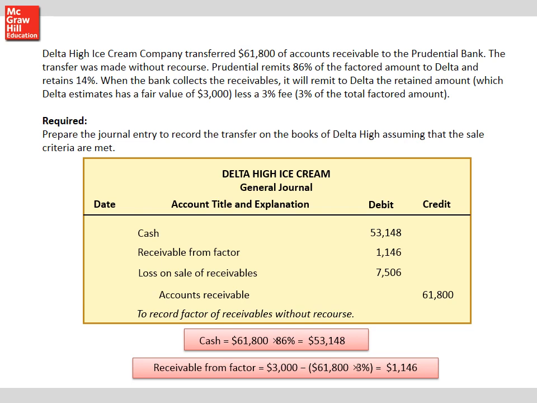So the receivable minus the cash and the amount they may get back in the future will be subtracted, and you have an ultimate loss on sale of receivables, $7,506. Now, it may be in Delta's best interest to do that because they need the cash now.